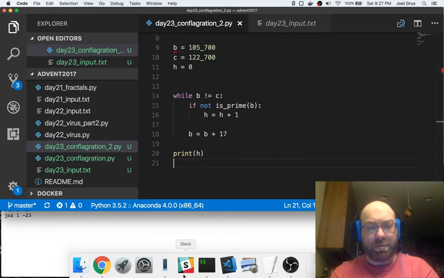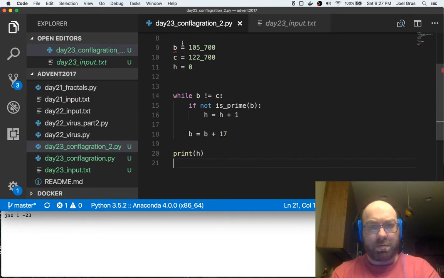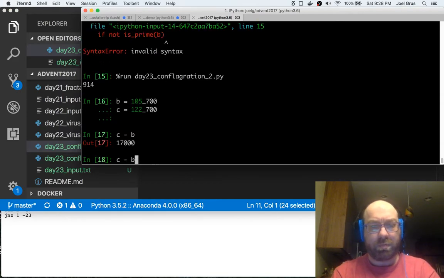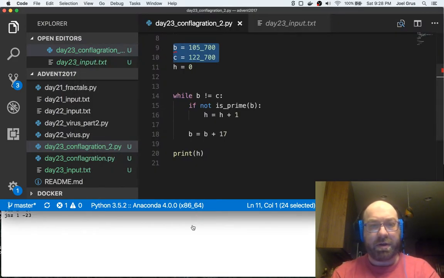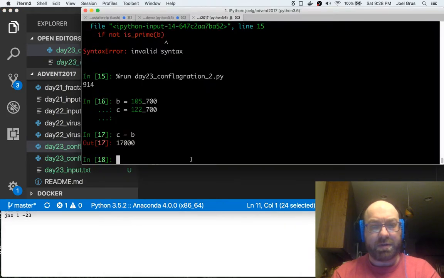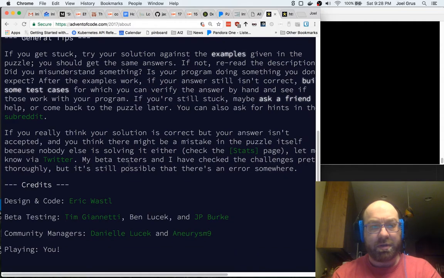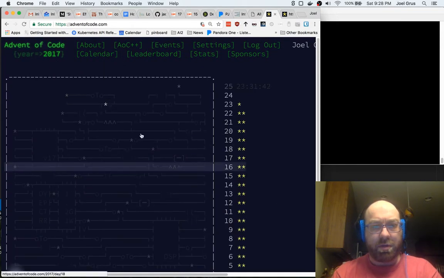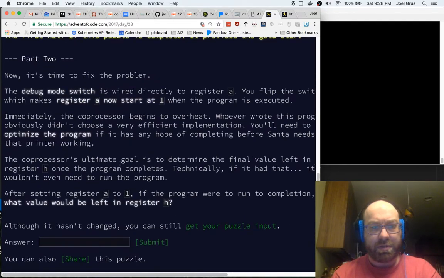And so let me just check one thing. So there's 1,000 numbers in there, and of those 1,000, 914 are composites. So that seems mostly right. So let's try that.